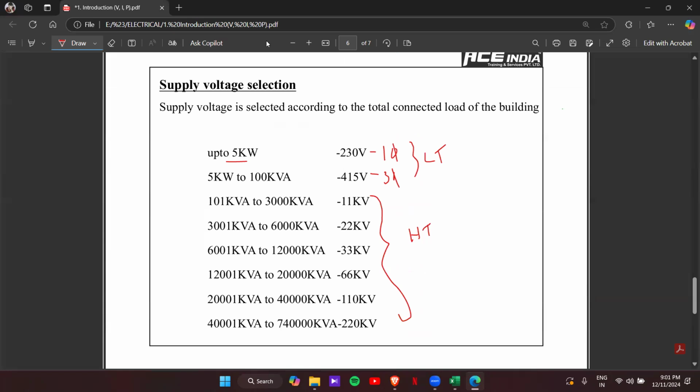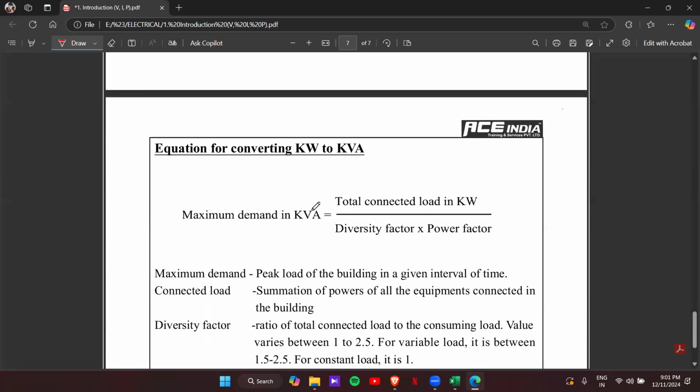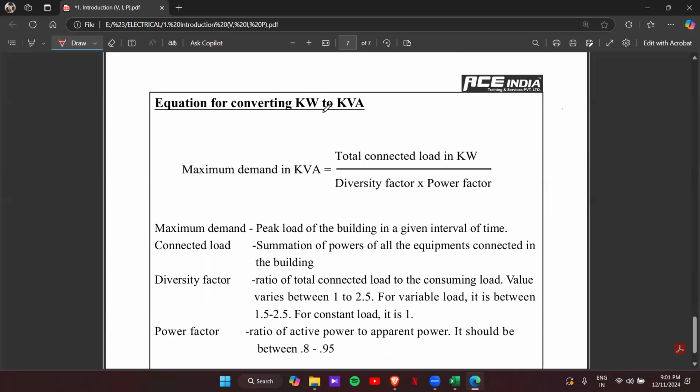Moving on to the next one, that is our maximum demand equation. The maximum demand equation is a very important equation we'll be using throughout our electrical session. This equation is to convert kilowatt to kVA.